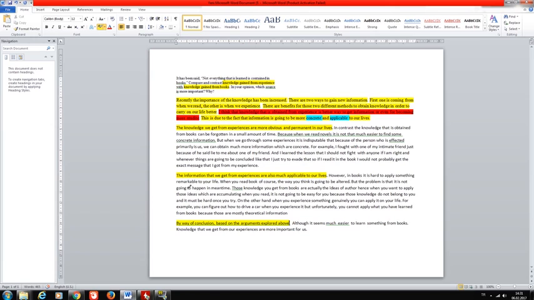So it does not only give you, for example, in the first body paragraph, you say that okay, this is what my side is, this is what I think is a better way, but also you compare with the other part, which is knowledge gained from books.